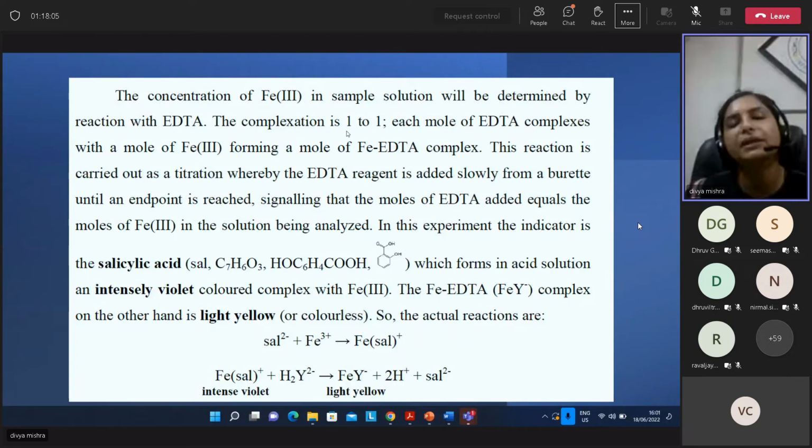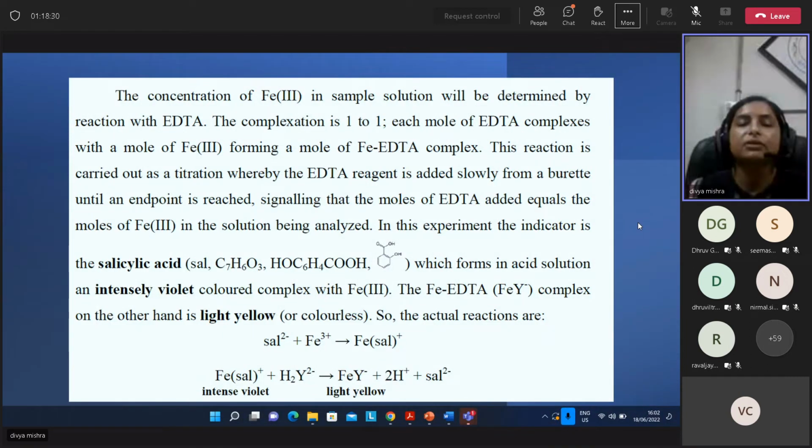Now how is the complexation taking place? It is taking place 1:1. It means each mole of EDTA will form a complex with 1 mole of Fe plus 3 to give a mole of FeEDTA complex. And this reaction is carried out by titration.